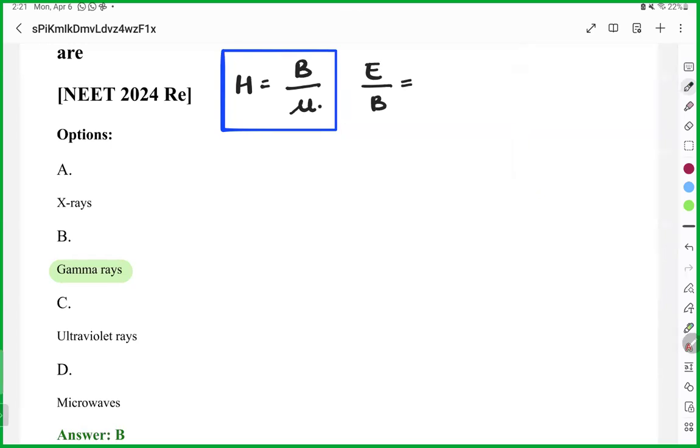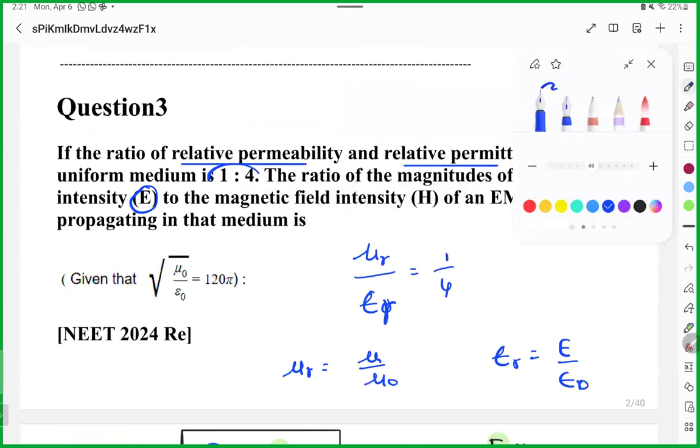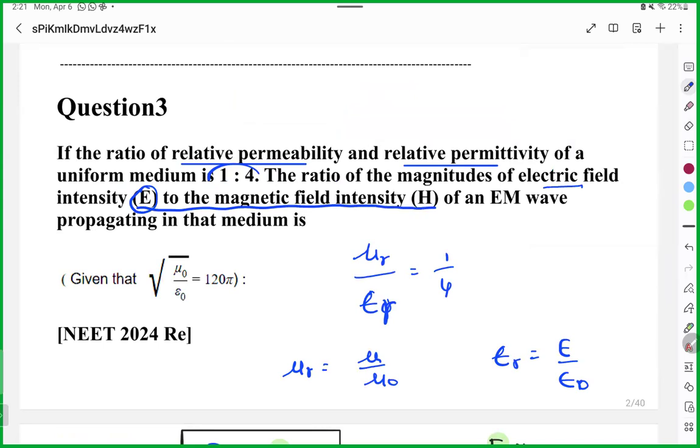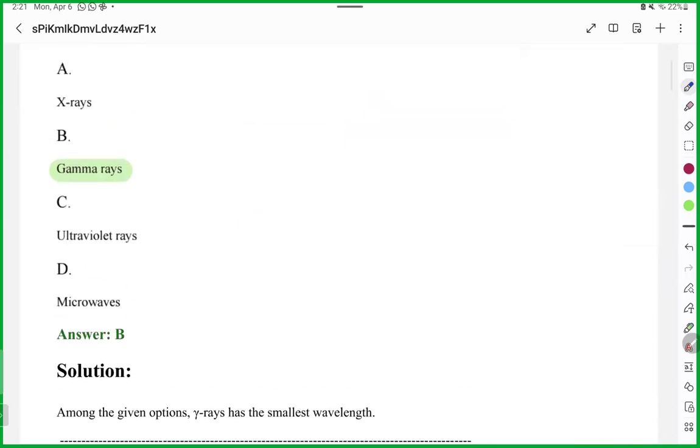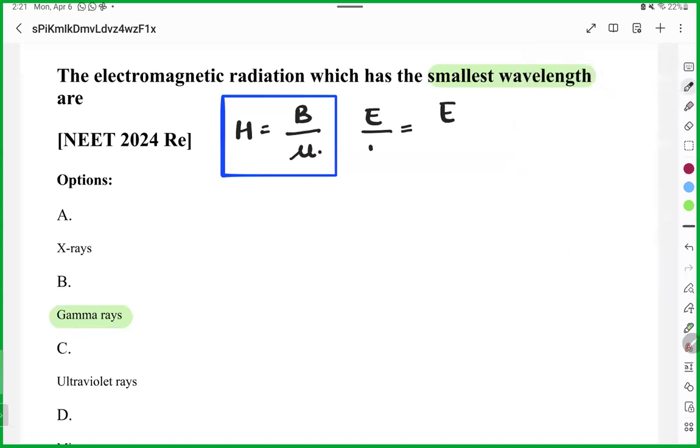My bad, it is magnetic field intensity. Calculate the ratio of electric field and magnetic field intensity. So you have to calculate E by H. H value is equal to B by nu. Understood?